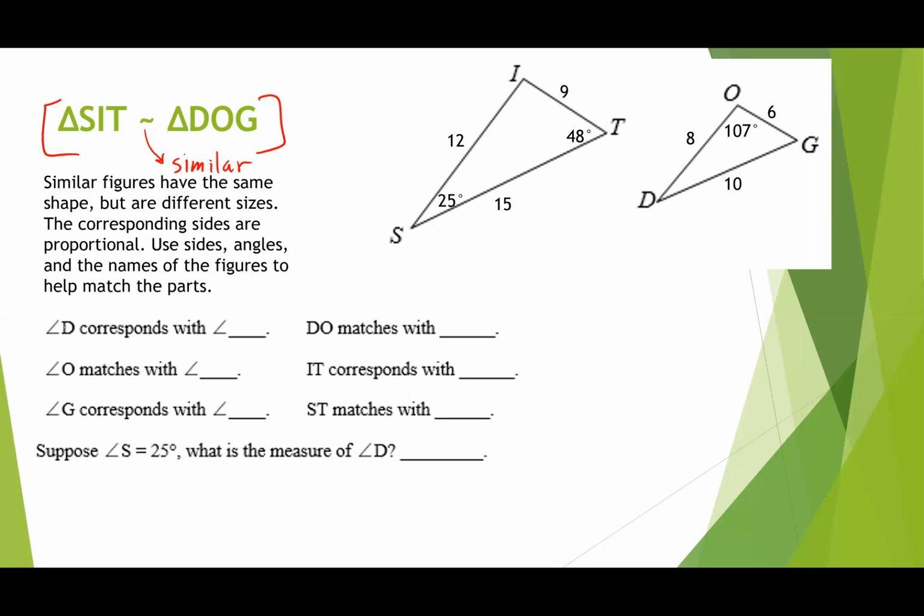Now we can use the numbers and the sides to help us match. If you notice, we've got two angles here, so we can figure out that third one, which will help us over here too. All three add up to 180, so take away 25 and take away 48.